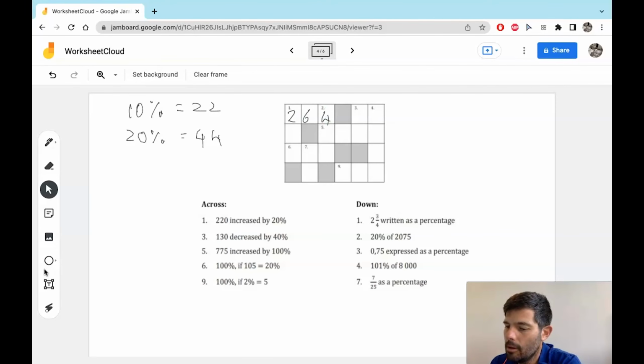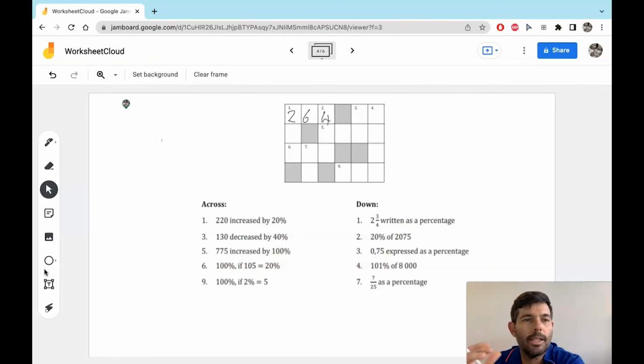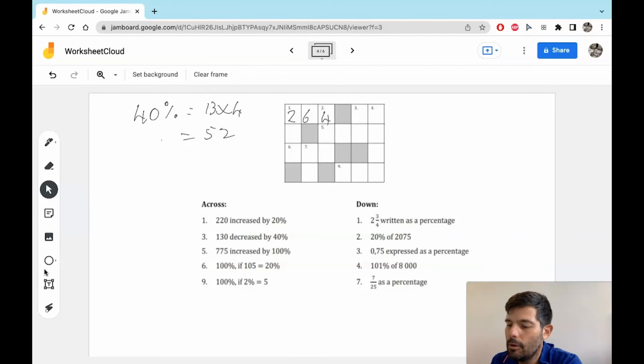3 across, 130 decreased by 40%. So I'm going to work out 10% is 13. So therefore 40% is going to be equal to 13 times 4, which equals 52. And I'm going to take that 52 away from 130. We're decreasing.